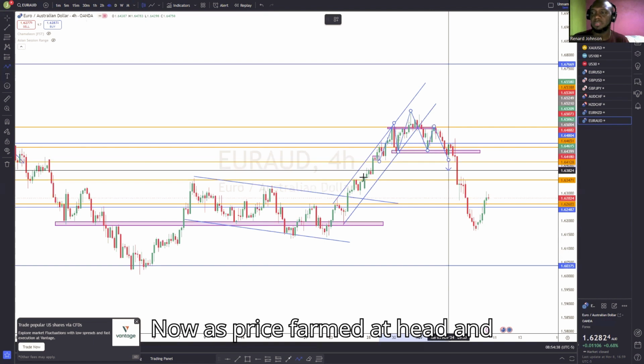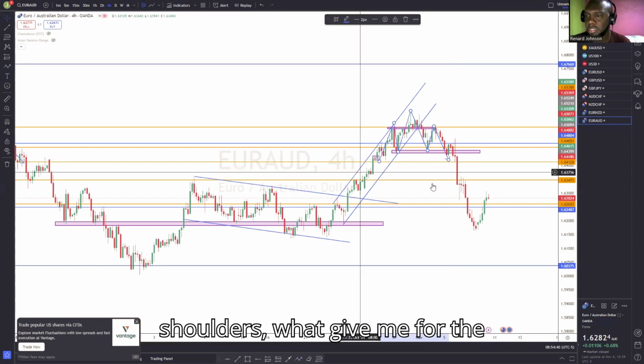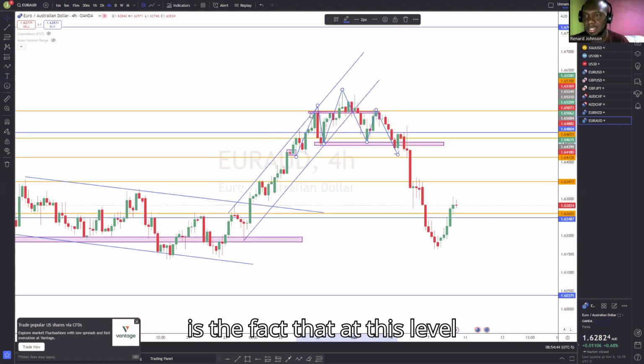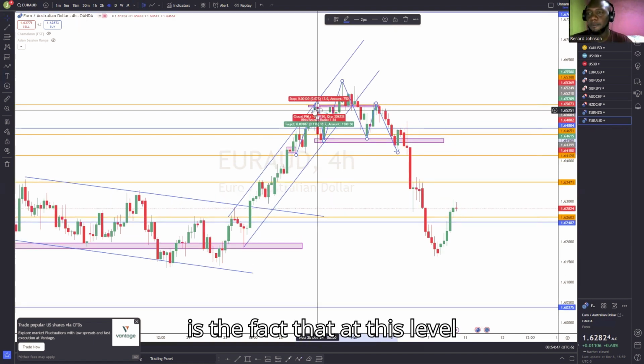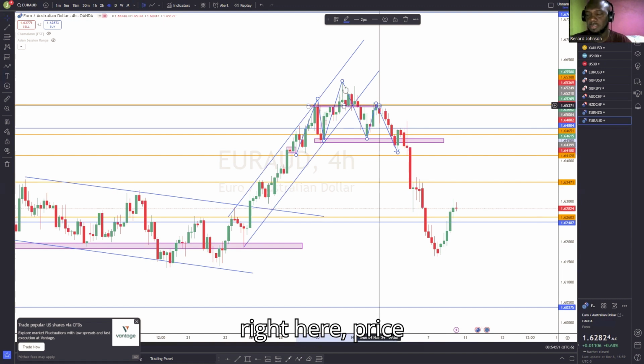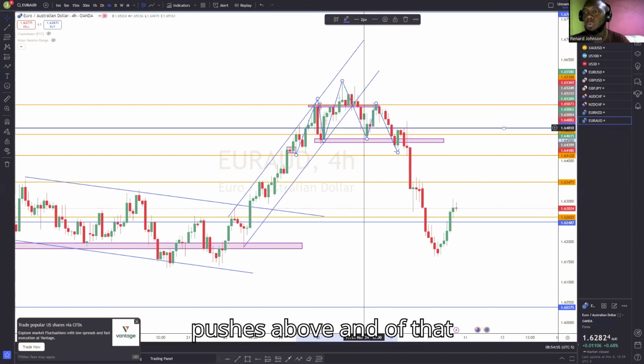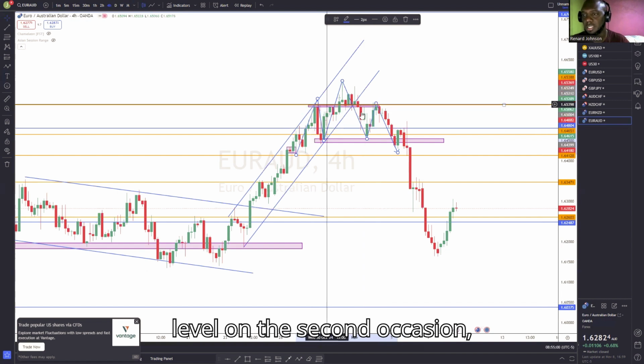Now, as price formed the head and shoulders, what gave me further confluence to enter this trade is the fact that at this level right here, price pushes above that level on the second occasion.